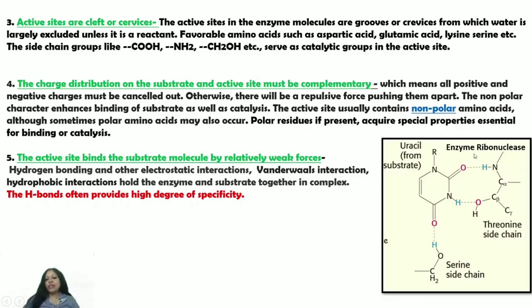By taking the example of the enzyme ribonuclease, you can easily understand that the substrate of ribonuclease, which is uracil, binds with the active site of the enzyme containing a threonine side chain by hydrogen bonding. So the enzyme ribonuclease holds the substrate through hydrogen bonding, which itself is a weak interaction. Correct?